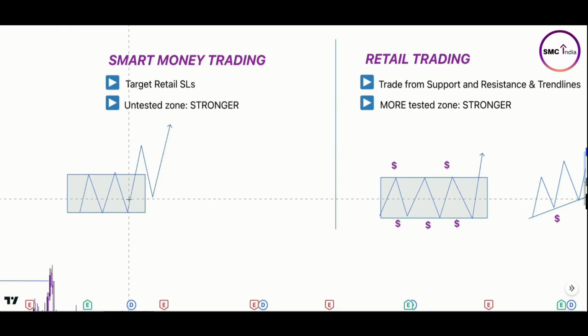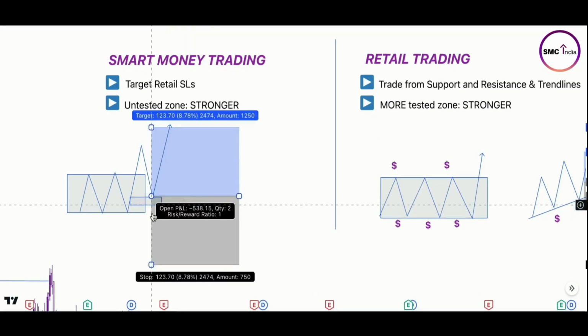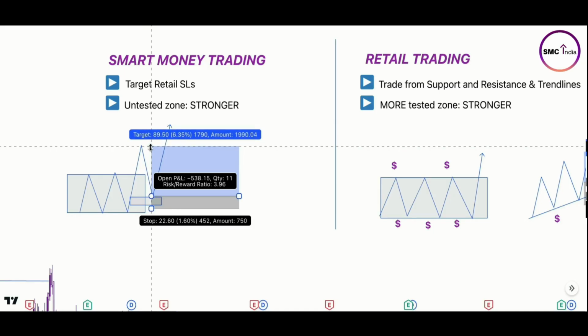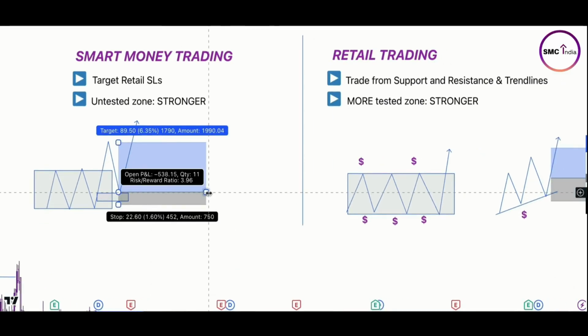And what you wait for is the unmitigated zone, the unmitigated order blocks here, and you place your trades, your limits here, putting your stop loss below the order block and targeting maybe this high, or targeting maybe this high. So you could see that you win much more than the retail traders, and you win with a high risk reward ratio. So this is the case.